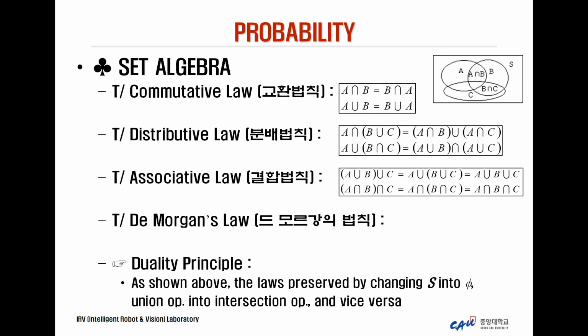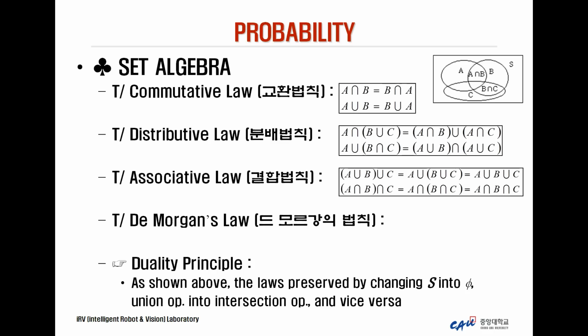Now, the associative law, 결합 법칙 in Korean. It says (A union B) union C is the same as A union (B union C), which is the same as A union B union C. So you don't need brackets whatsoever, actually.